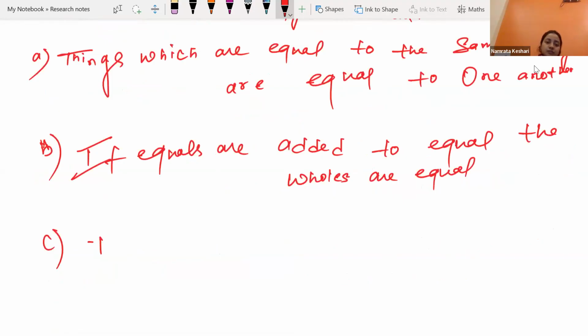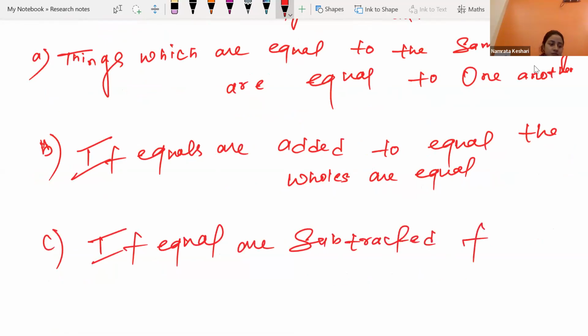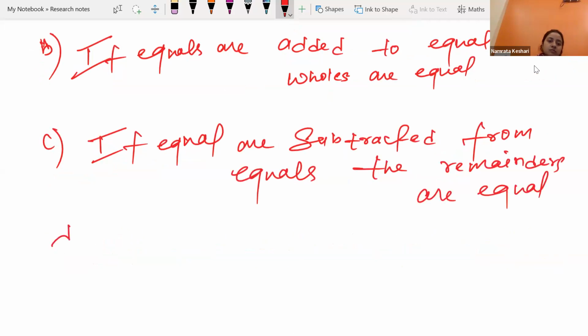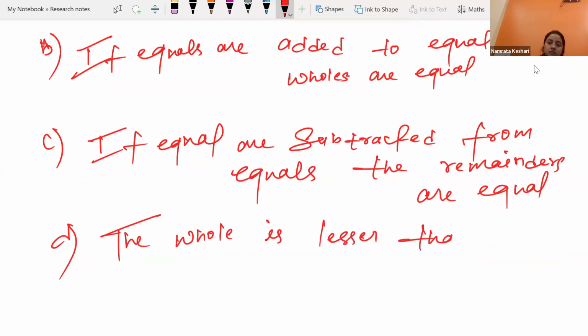If equals... Yeah, these are the statements. Please tell me which one is not correct.